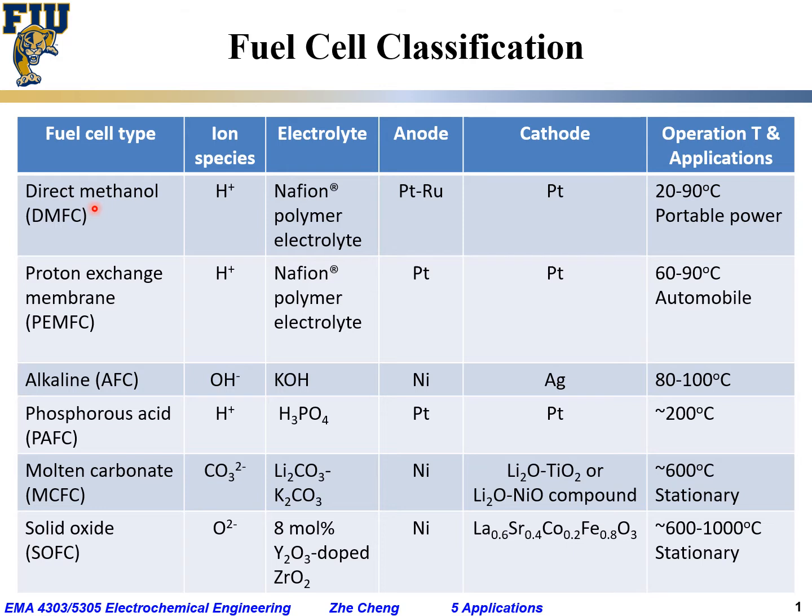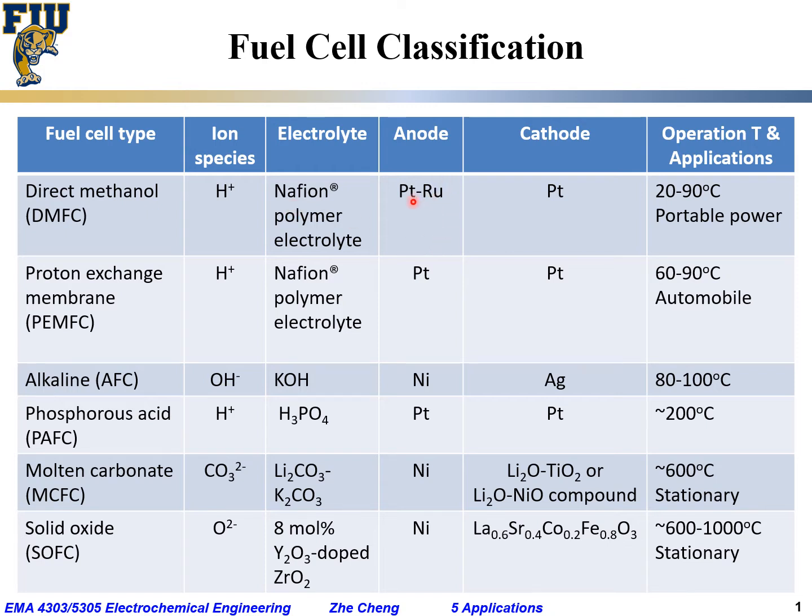CH3OH, methanol fuel cell, and in short would be DMFC. The ionic species that gets transported through the electrolyte is proton, and the electrolyte material used is quite often a polymer electrolyte, and quite often the material used is a brand by DuPont, Nafion, a superionic conductor.